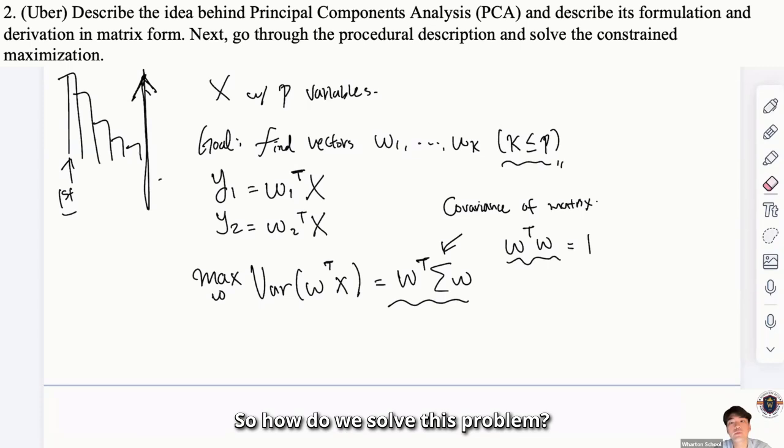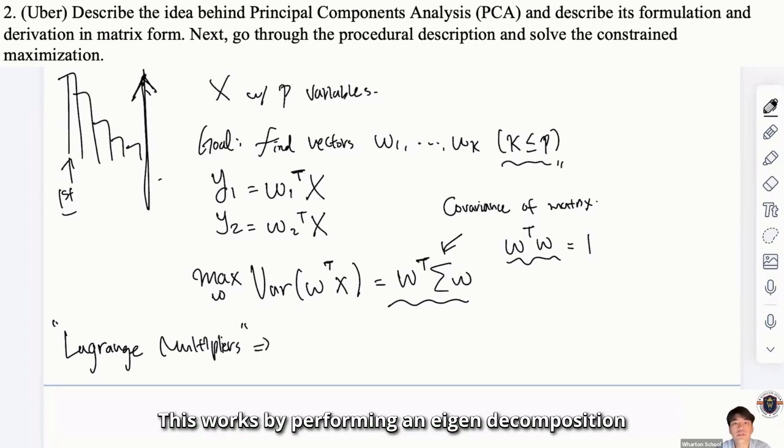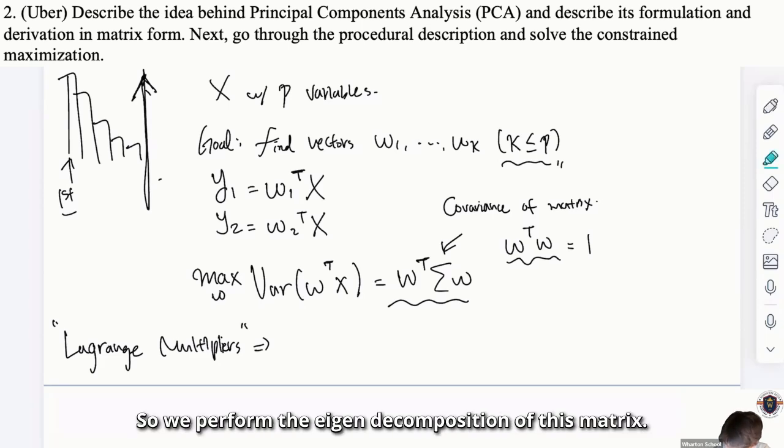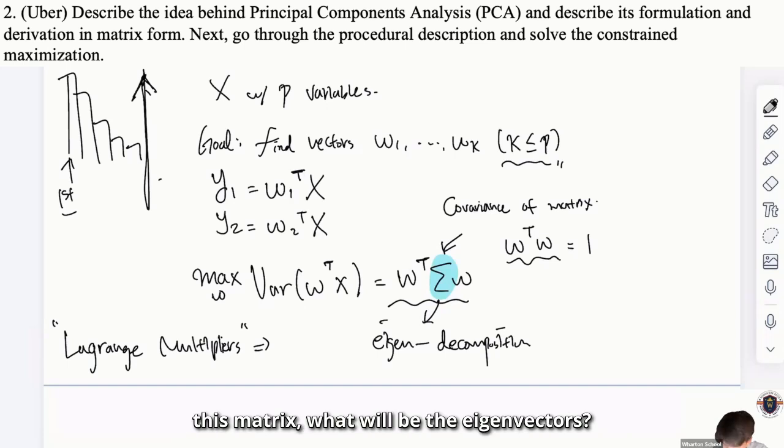So how do we solve this problem? We use Lagrange multipliers. How does this work? This works by performing an eigen decomposition of the covariance matrix. If you perform the eigen decomposition on this matrix, what will be the eigenvectors?